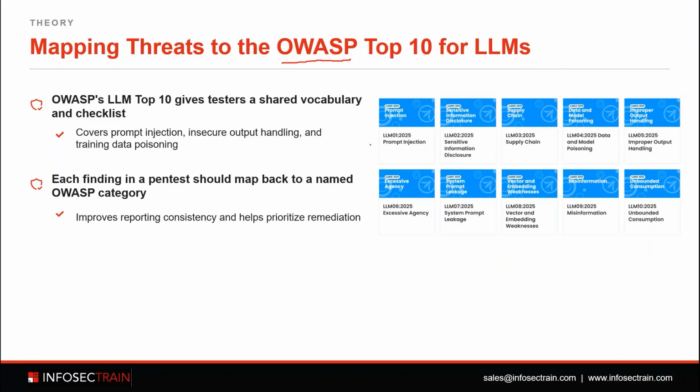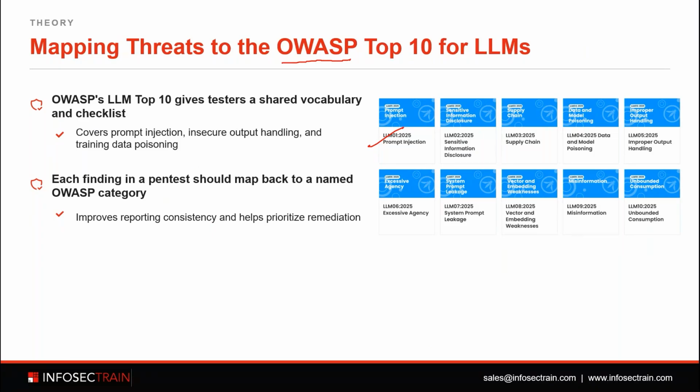So the first one, we have prompt injection. So when we talk about prompt injection, what is that? You are giving the input and bypassing the security parameters, making the model perform what it should not.